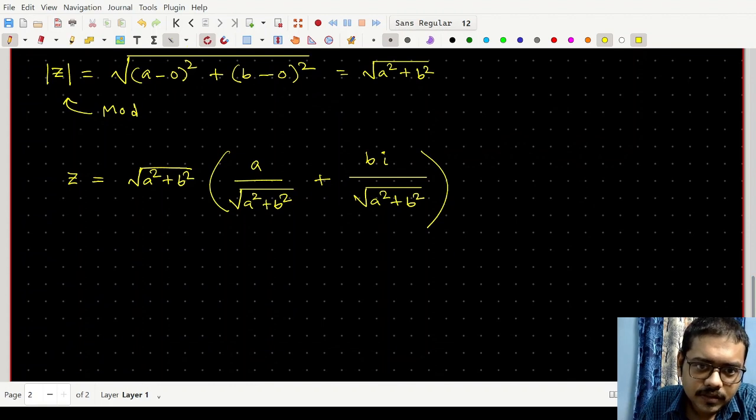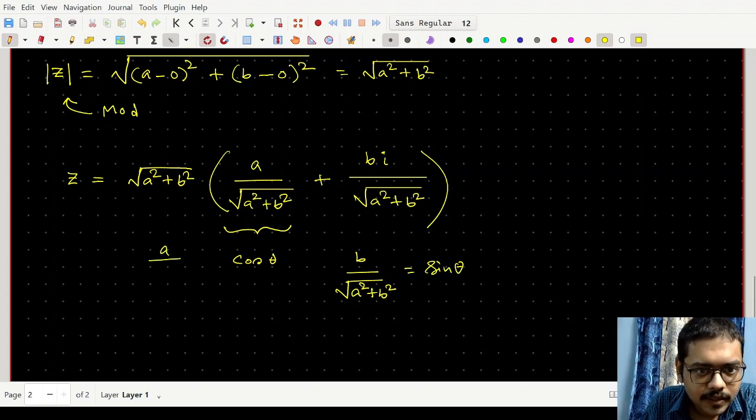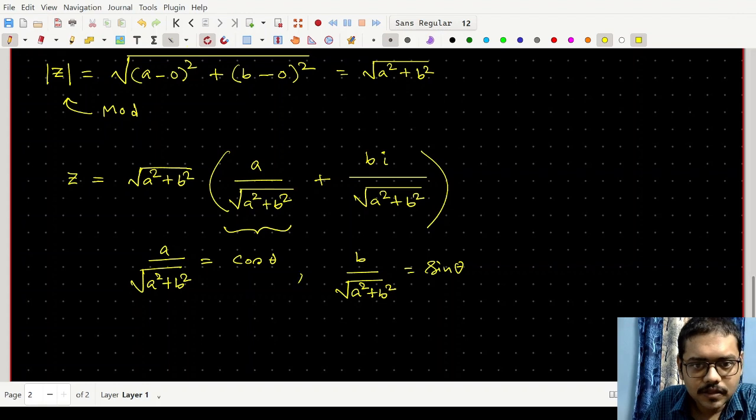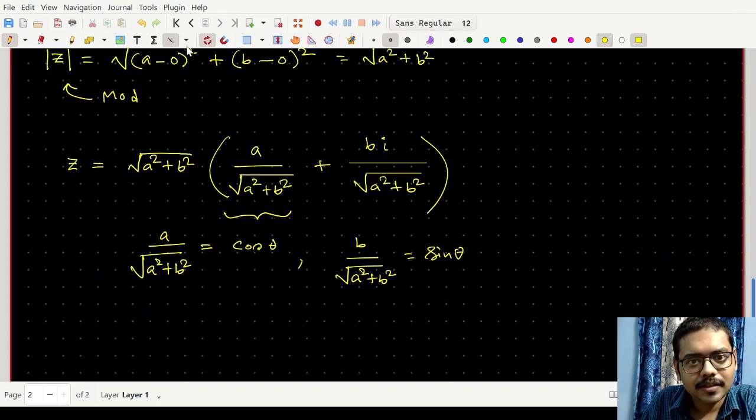Now this here we will write as cos of theta, and b over this we will write as sine of theta. So a over square root of a square plus b square, this is cos of theta, and b over square root of a square plus b square, that is sine of theta.